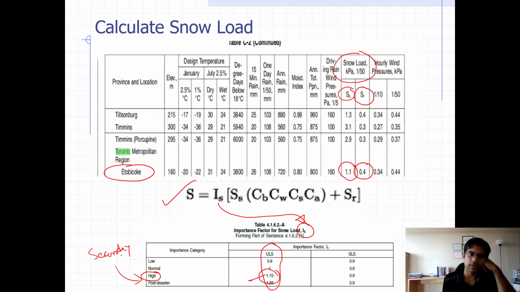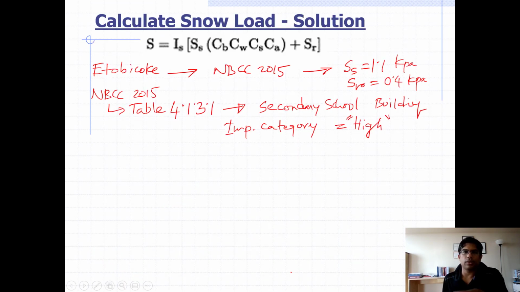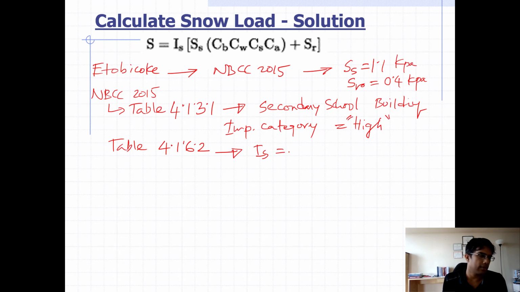From Table 4.1.6.2, which is the table in the previous slide, we get the importance factor IS as 1.15.